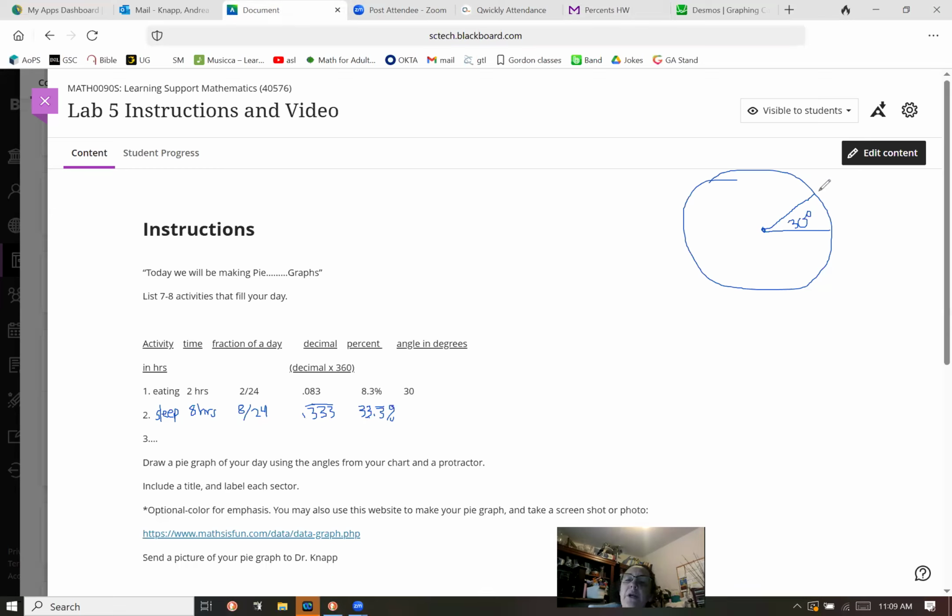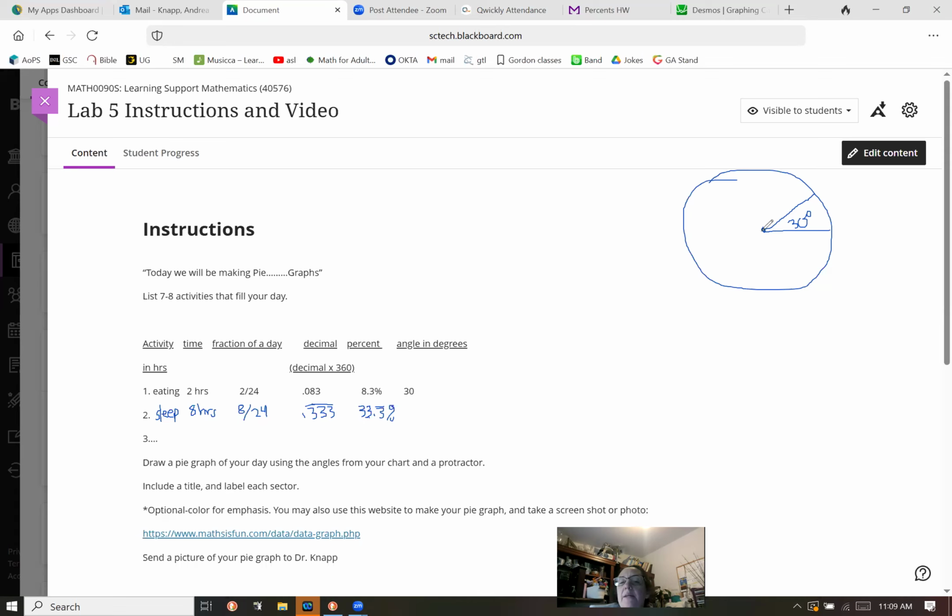So when you're putting on your 120, you set your protractor against the top of the angle before. So put it against the top of your 30 degrees and then put on that 120. Now I'm thinking 180 minus 30 would be 150. So all the way to here would be 150.